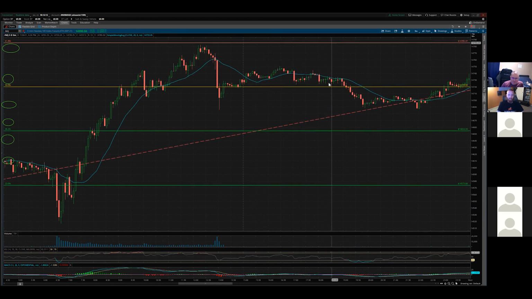So this would have been a short. You could have been like, okay, if it crosses here, then I want to pay attention to it. Or if you were to go long, which you wouldn't have done if you looked at the technical stuff, you could put a stop loss right there. Because if it were to continue downwards, then you'd get out at a better price point.